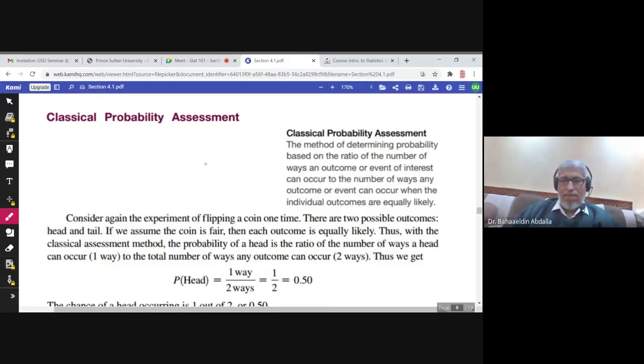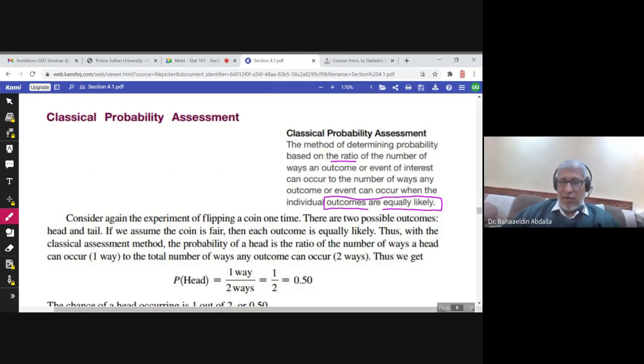This is the method of determining probability based on the ratio of the number of ways an outcome or event of interest can occur to the number of ways any outcome or event can occur, when the individual outcomes are equally likely. It is very important here that the outcomes are equally likely.